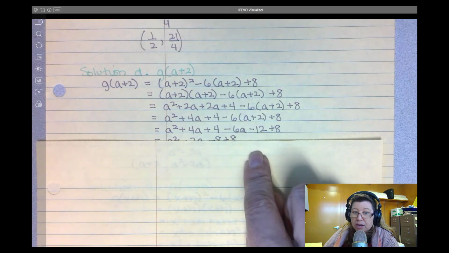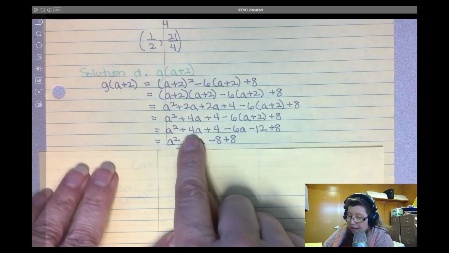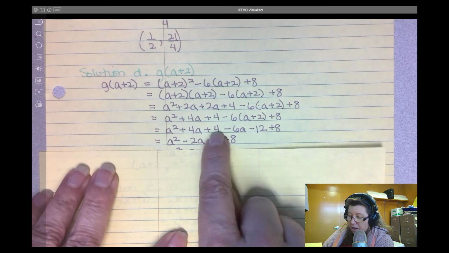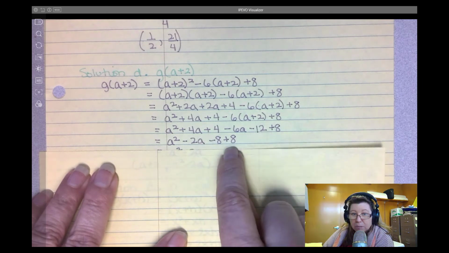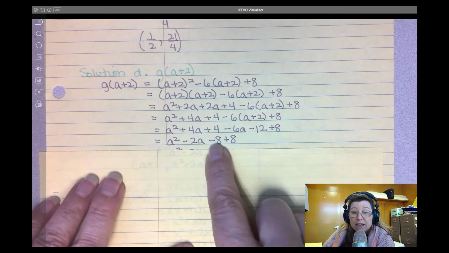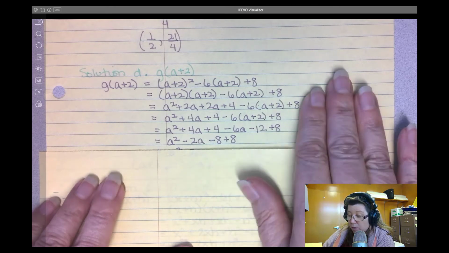Now I'm going to start combining like terms. a squared, and 4a and minus 6a is minus 2a. A 4 and a minus 12 is a minus 8. And then I have that plus 8 there that I haven't done anything with yet. Now I'm going to finally combine my minus 8 and my plus 8, which is 0.